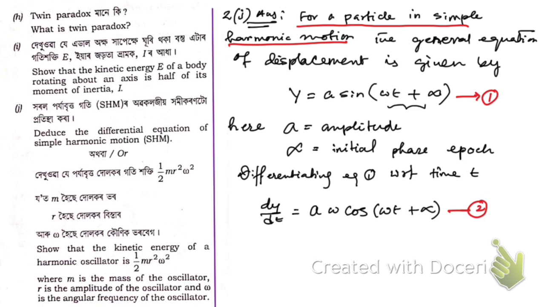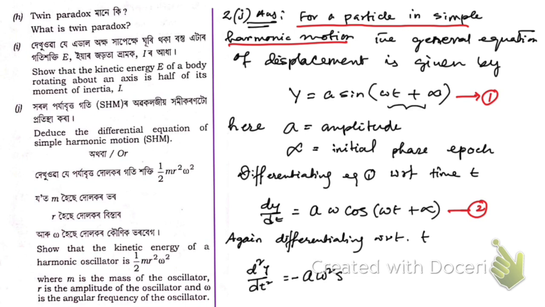Now if you differentiate it again with respect to t, then you're going to have the second order derivative of y with respect to time t, and A omega square, derivative of cos is minus sine omega t plus alpha.